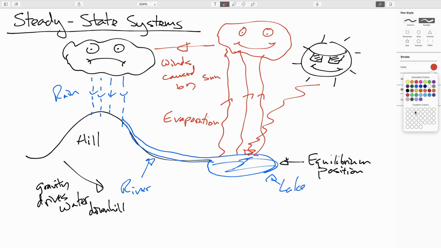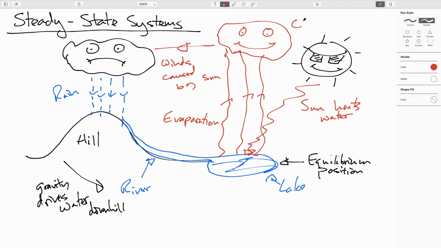But what we have is the sun heating the water. This causes evaporation. So the thermal energy being provided by the sun is what is providing an energetic input to allow us to lift the water molecules from where they gravitationally want to be back up to where they gravitationally don't want to be.